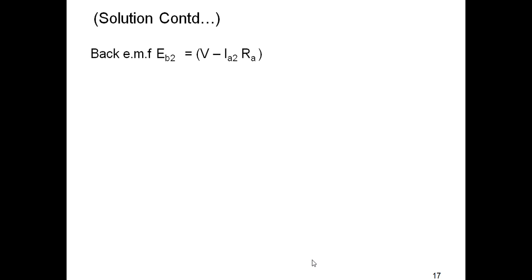And now we will find the value of the second back EMF, that is EB2. EB2 is equal to V minus IA2 RA.